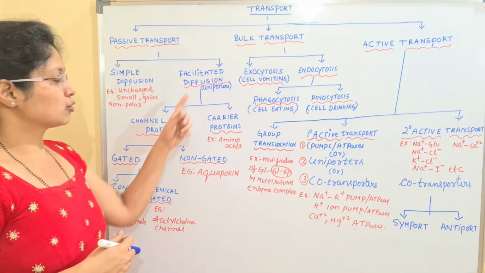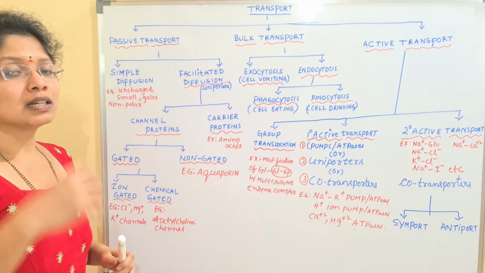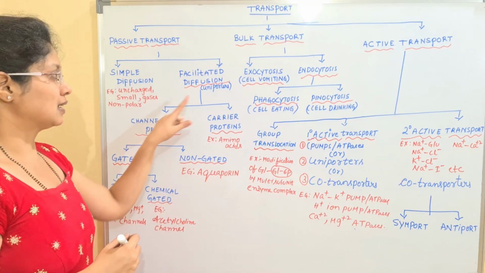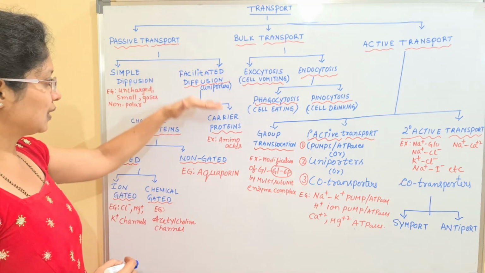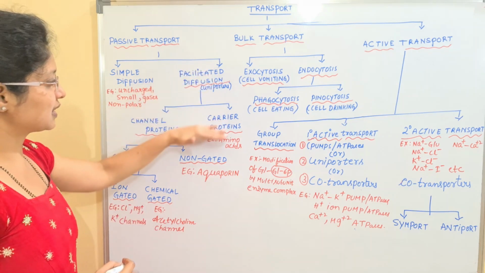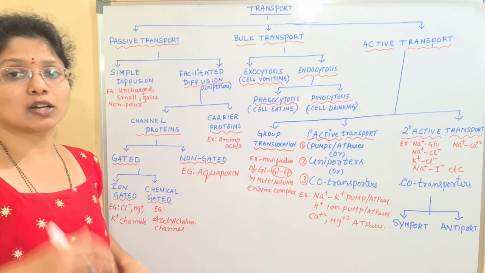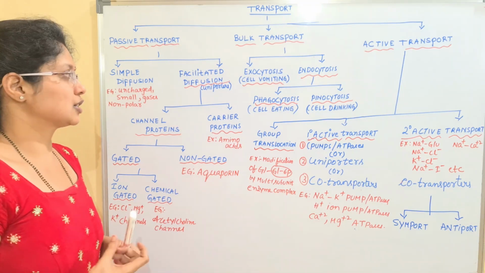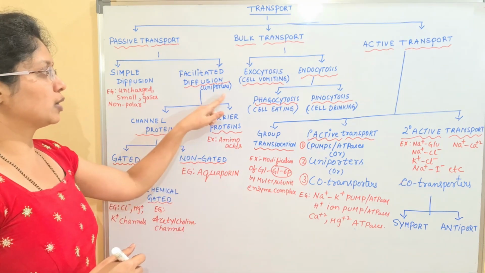The protein is present only for facilitated diffusion. The movement of a single molecule with the help of a protein, we call a uniporter. So all these categories coming under facilitated diffusion will be called uniporters. The enzymes or the proteins essential for their transport are uniporters.